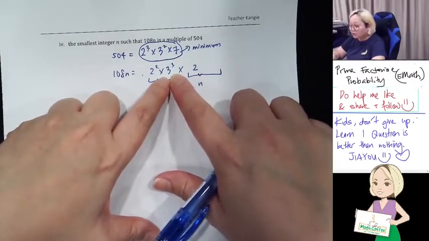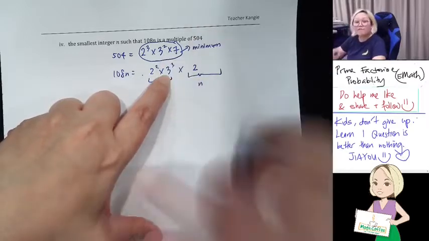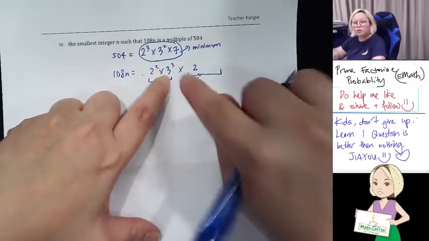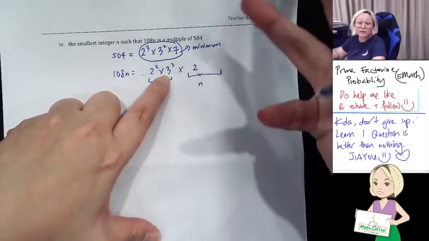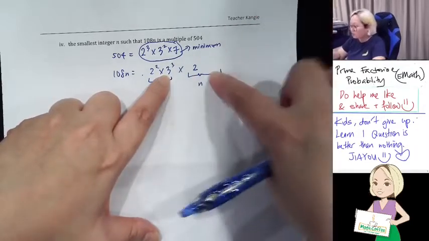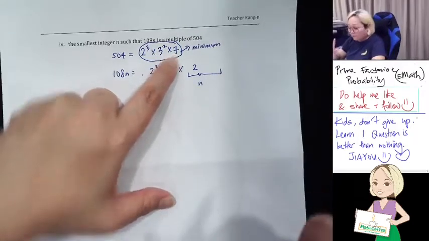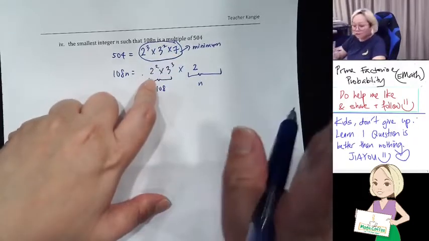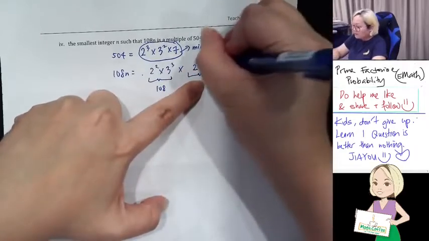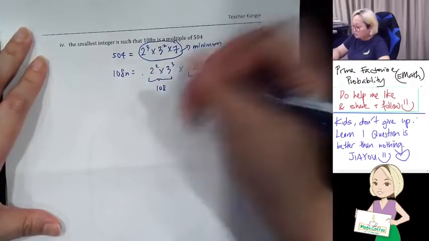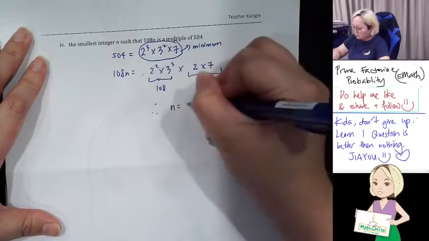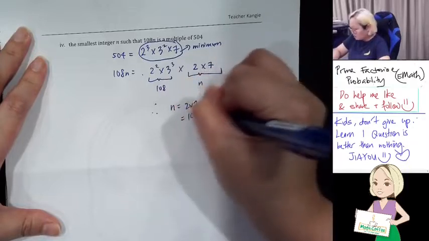So I don't need a 3. Remember, I can have more, but I cannot have less. 3 to the power of 3 has 3 to the power of 2 already. It's more than enough, so I don't need a 3 in my n. Then I need a 7, but my 108 has no 7. So I need to have a 7 in my n. Therefore, my n equals 2 times 7, which is 14. Done.